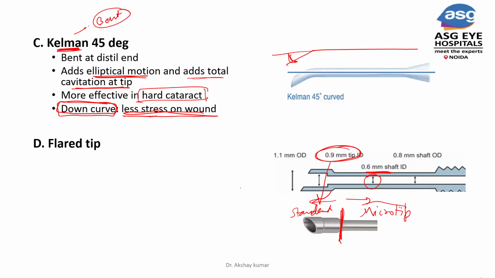I have told you in a previous slide that the micro tip will prevent the surge, so there is less surge. And the standard tip, when it has a wide diameter from the distal end, has a good hold.